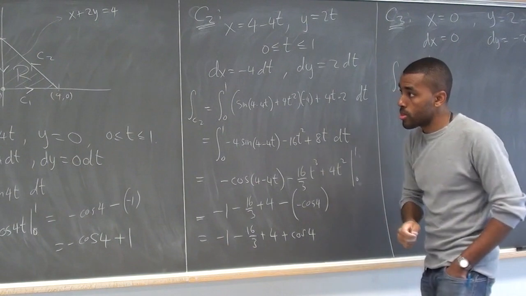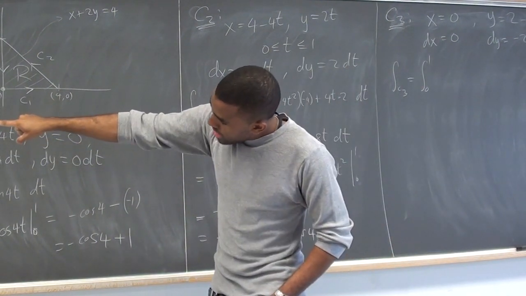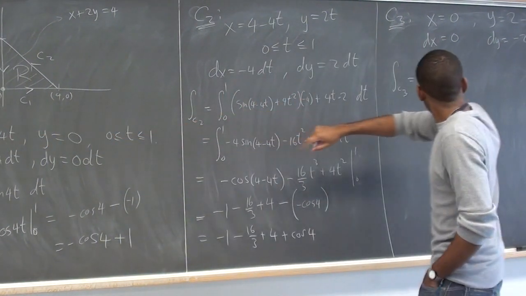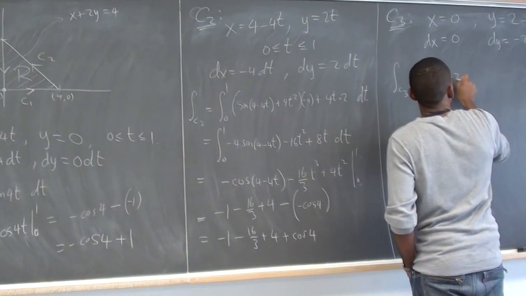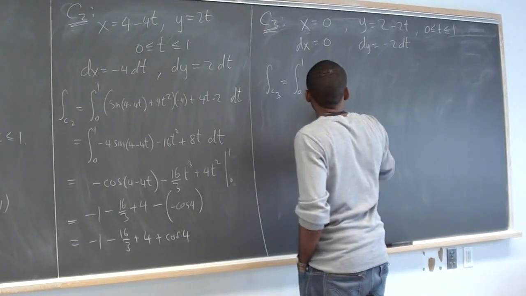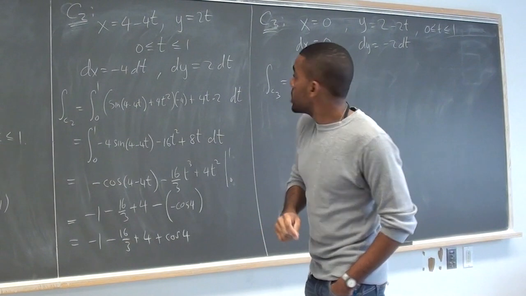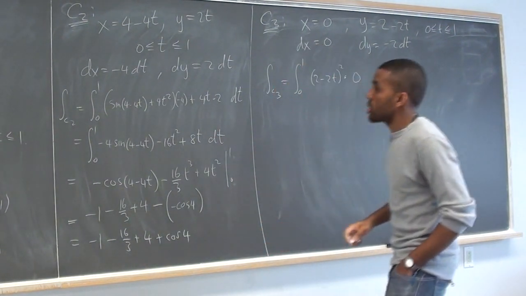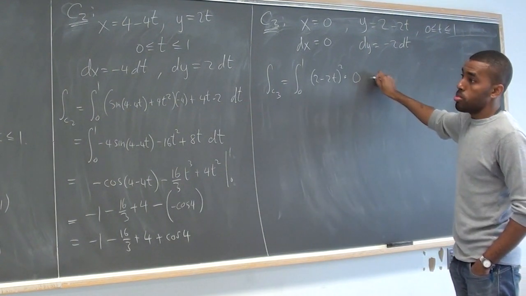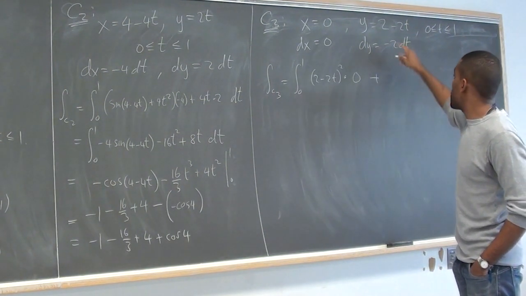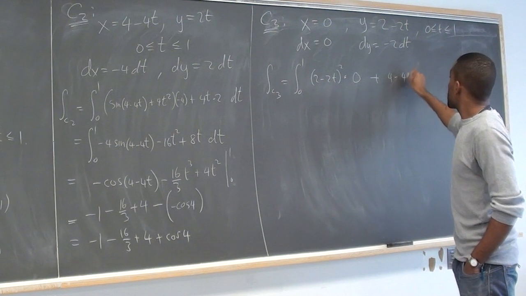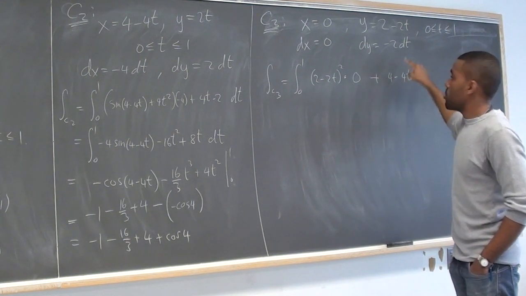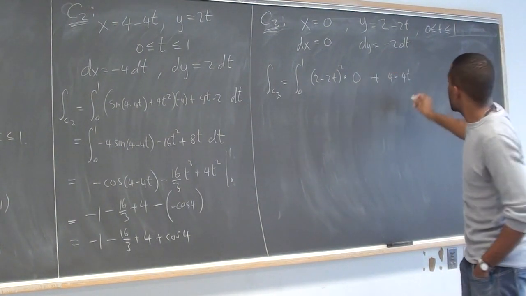So the integral along C3 is equal to the integral from 0 to 1 of, plug in 0 for x, sine of 0 is 0, so forget it, y squared would be 2 minus 2t squared times dx, which is 0, so that part doesn't matter, and then plus 2 times y times negative 2.